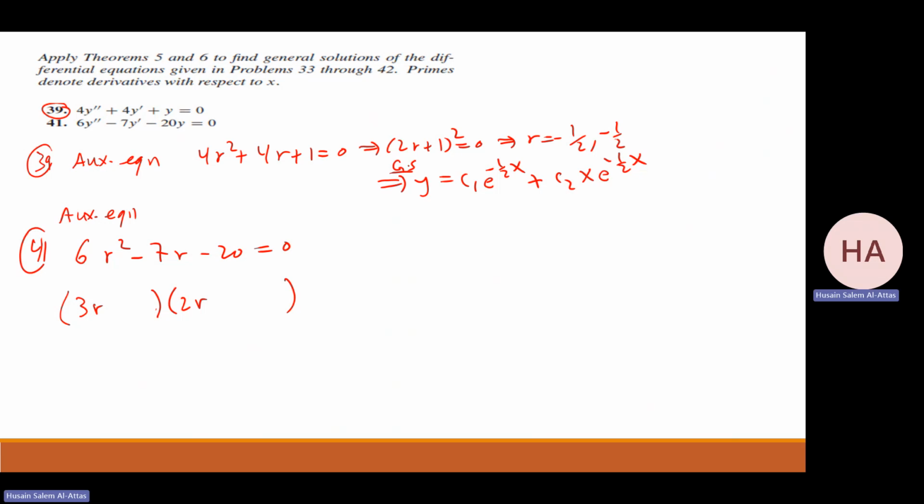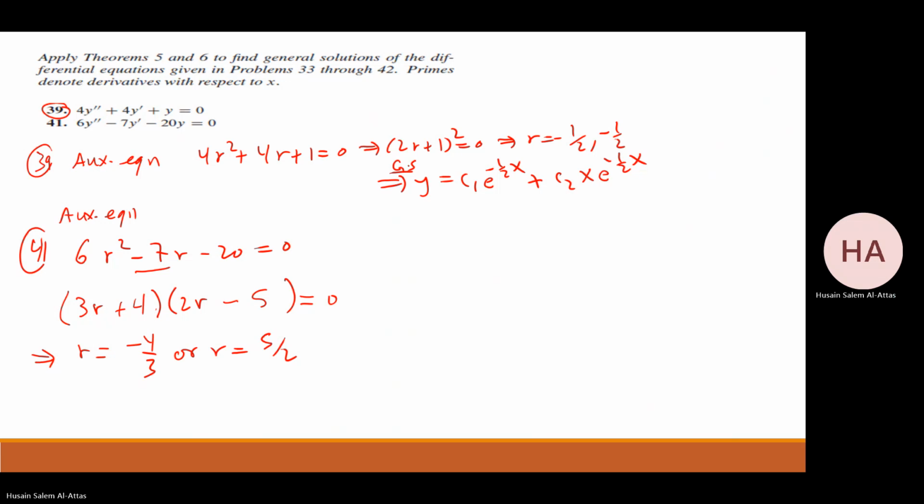I have minus 7. So I think I need minus 5. So this will be minus 15 plus 8. 8 minus 15 is minus 7. Good. This is minus 20. Or you can do it by the quadratic formula. So r equals minus 4 over 3 or r equals 5 over 2.